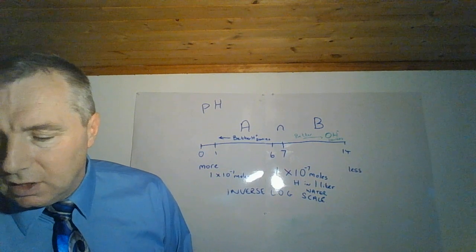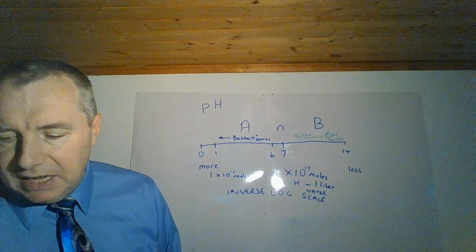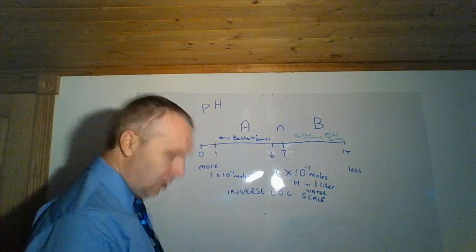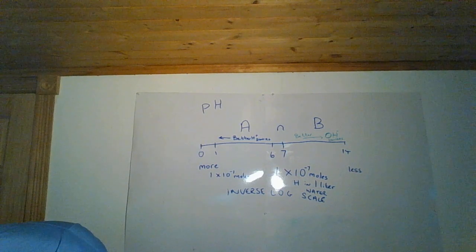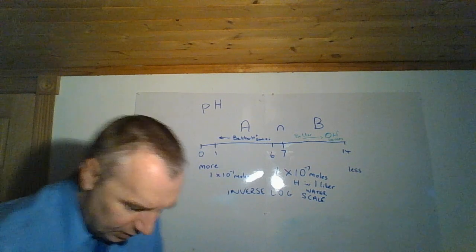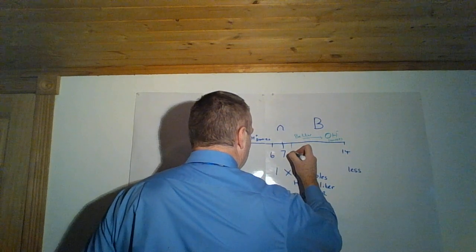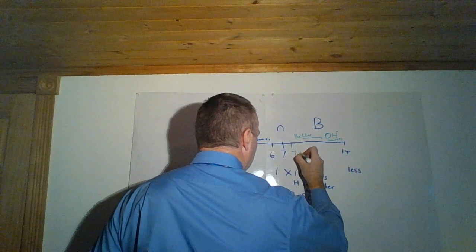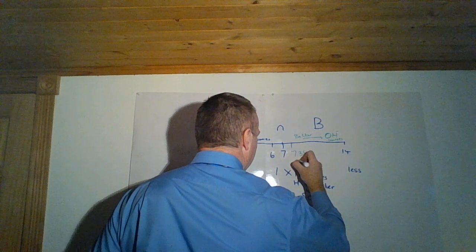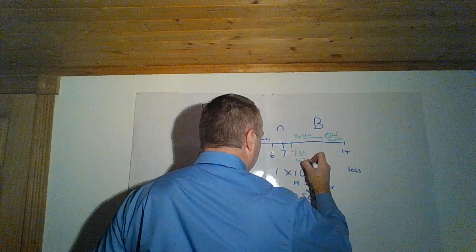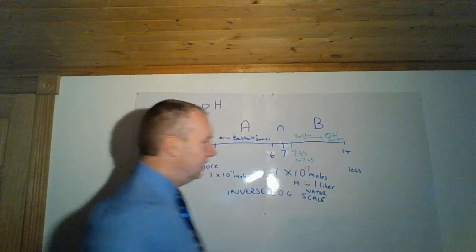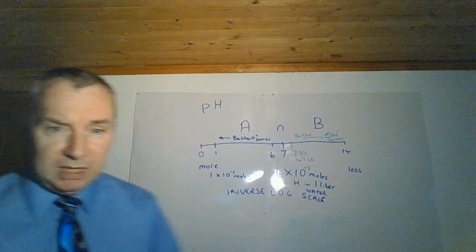In humans, we have a slightly basic blood. So, bloodstream of a human, 7.35 to 7.45 is our normal blood pH.